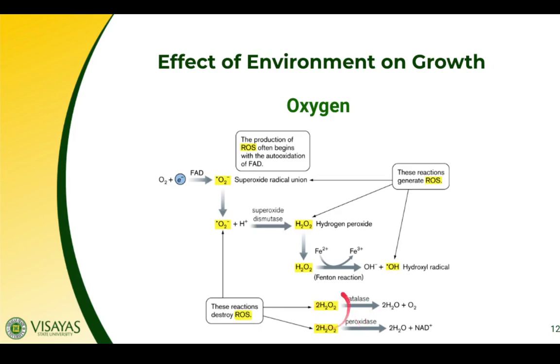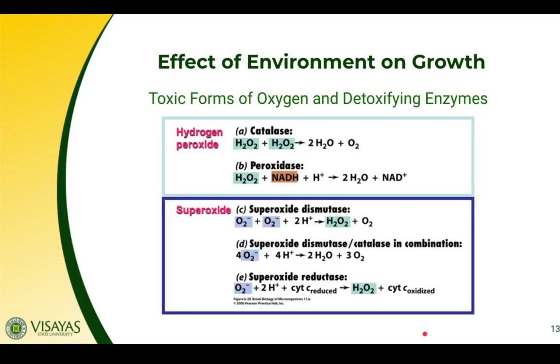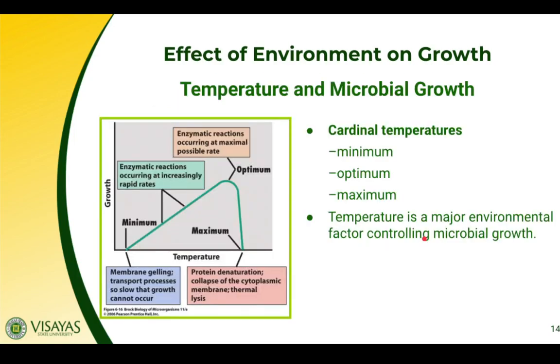Hydrogen peroxide could be catalyzed by catalase to produce water and oxygen, while with the action of peroxidase, hydrogen peroxide could be converted to water and NAD, nicotinamide adenine dinucleotide. So this is another representation of how the ROS are detoxified by the enzymes catalase and peroxidase, as well as superoxide dismutase.